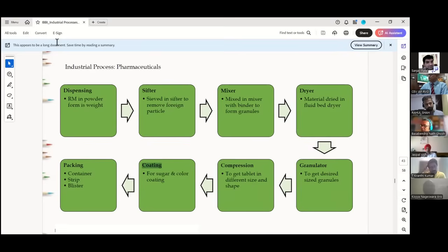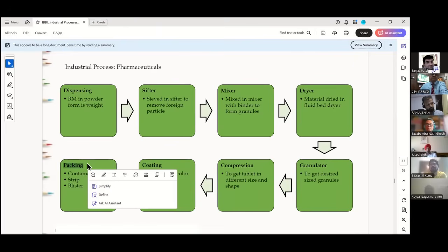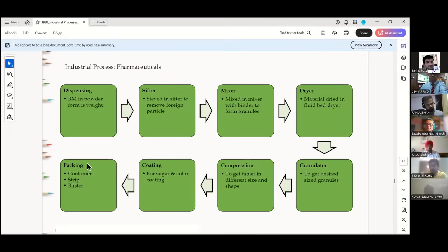So the coating happens, and after the sugar coating or color coating it goes to packing, where it may be packed in container form, strip form, or blister form. So there are blister packing machines, strip packing machines, container packing machines, and so on. After that it goes to the market.